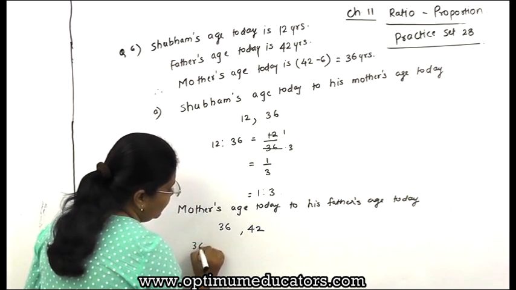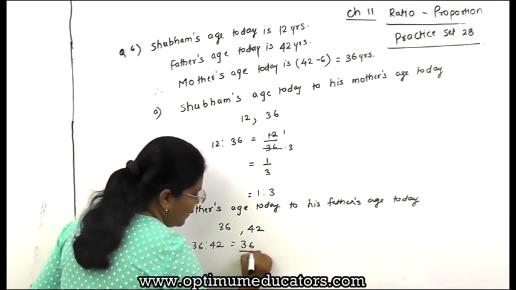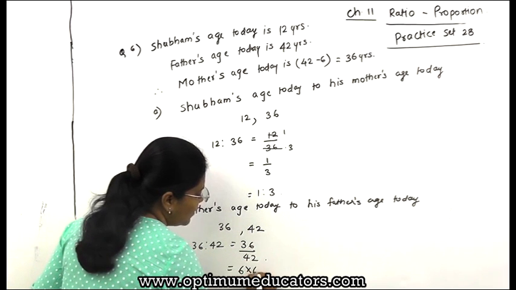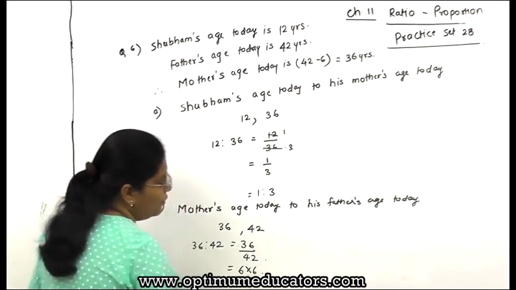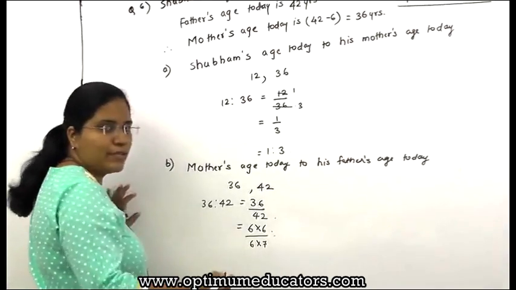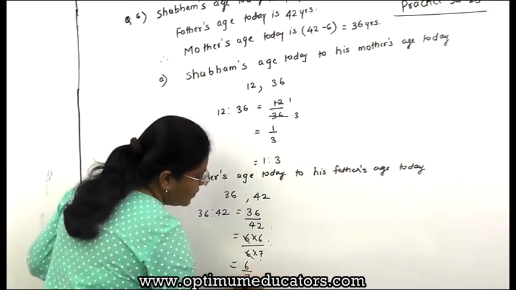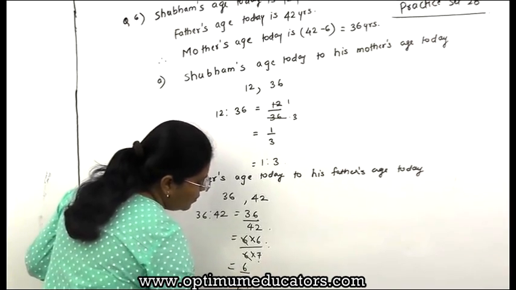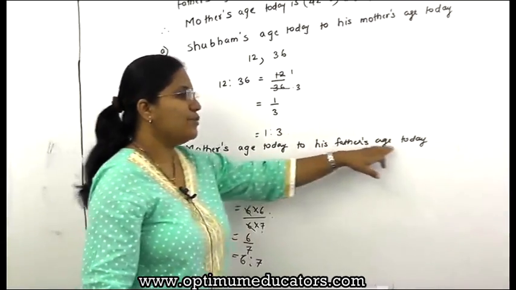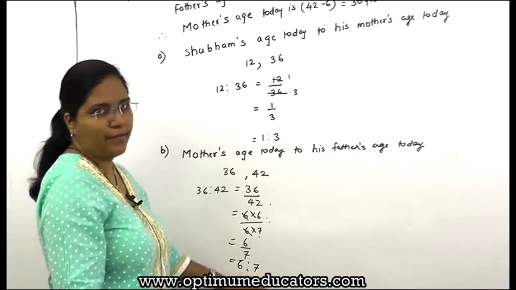So we have to find out the ratio. 36:42, which is 36 upon 42. What is 36? 6 into 6. And what is 42? 6 into 7. 6 sevens are 42. 6 goes off. It is 6 upon 7, which is 6:7. So his mother's age today to his father's age today are in the proportion 6:7.